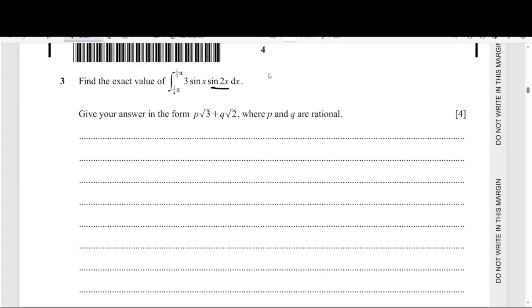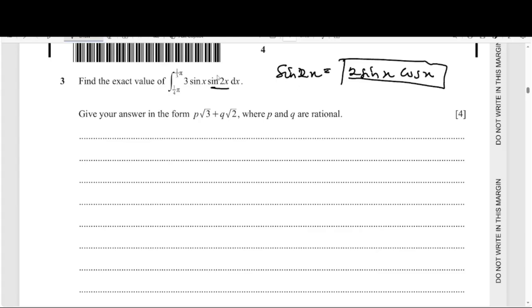So remember, we know, and we're expected to know, that sine 2x is equal to 2 sine x and then cos x, right? So this is an expression for sine 2x, which we expected to know.